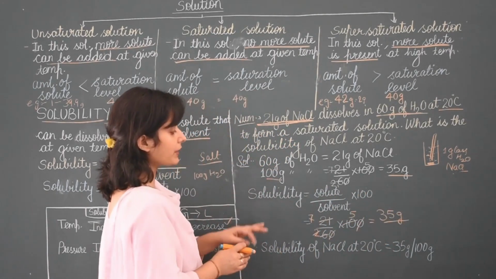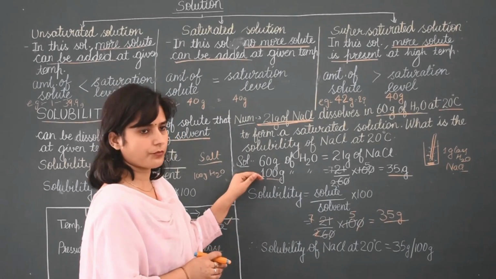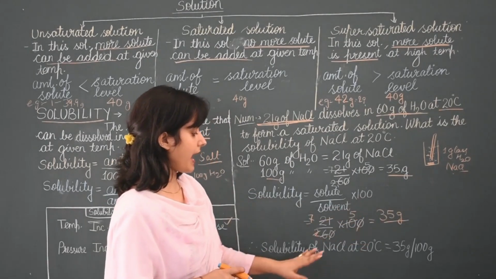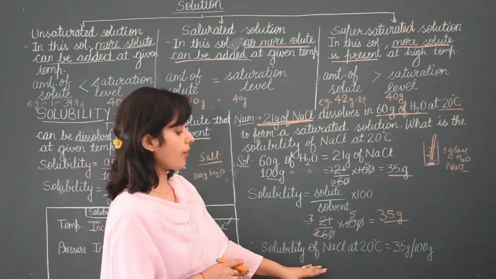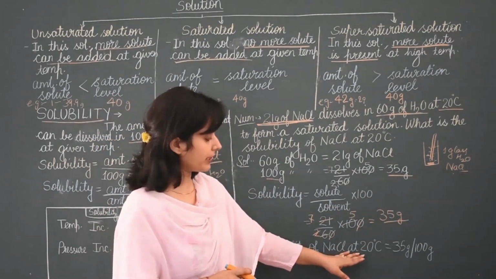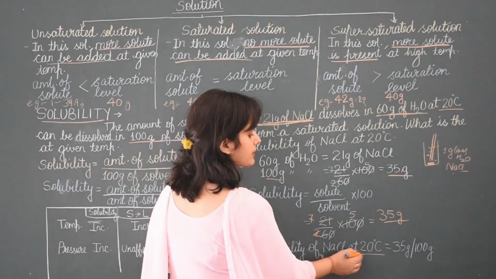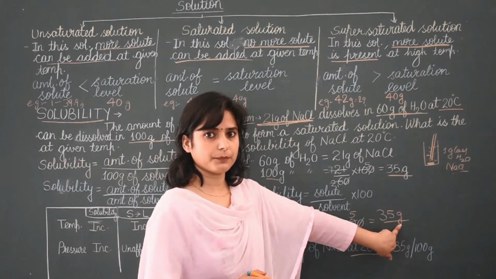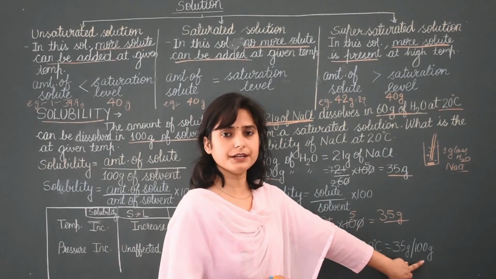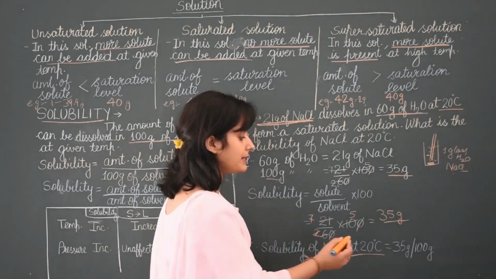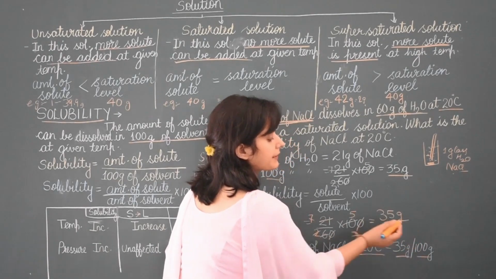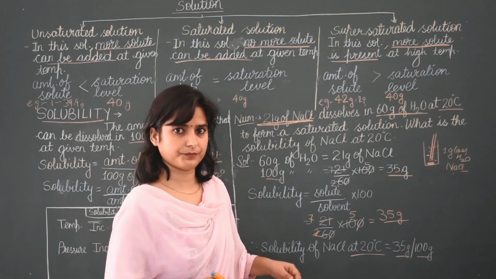That means whether you do it with the formula or without the formula, the answer is the same. And in the last we have to write the solubility of NaCl at 20 degrees Celsius. Now this temperature is used here. 35 gram per 100 gram. It is a unit. That means 35 gram of salt is present in 100 gram of water.